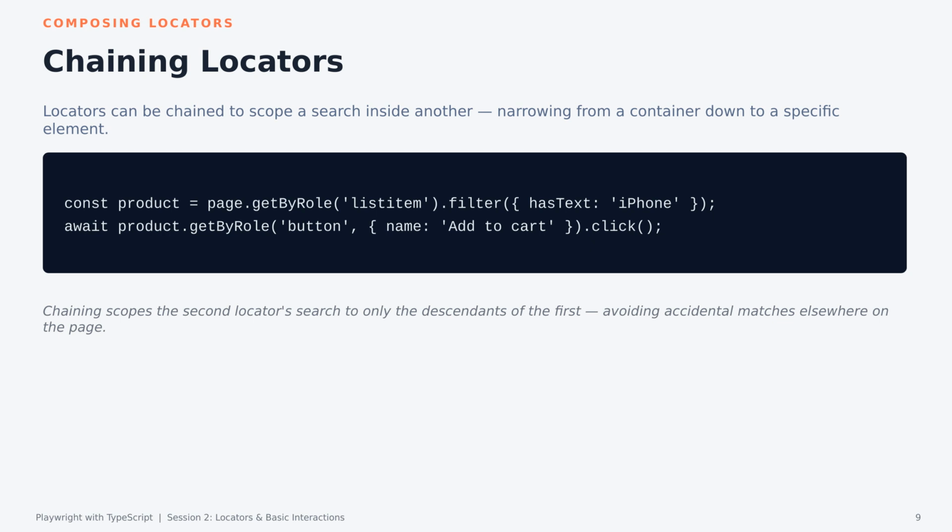What's actually happening here is that the second locator search only looks inside the descendants of the first one. That means we avoid accidentally matching an add to cart button somewhere completely different on the page that has nothing to do with the iPhone listing we actually care about.